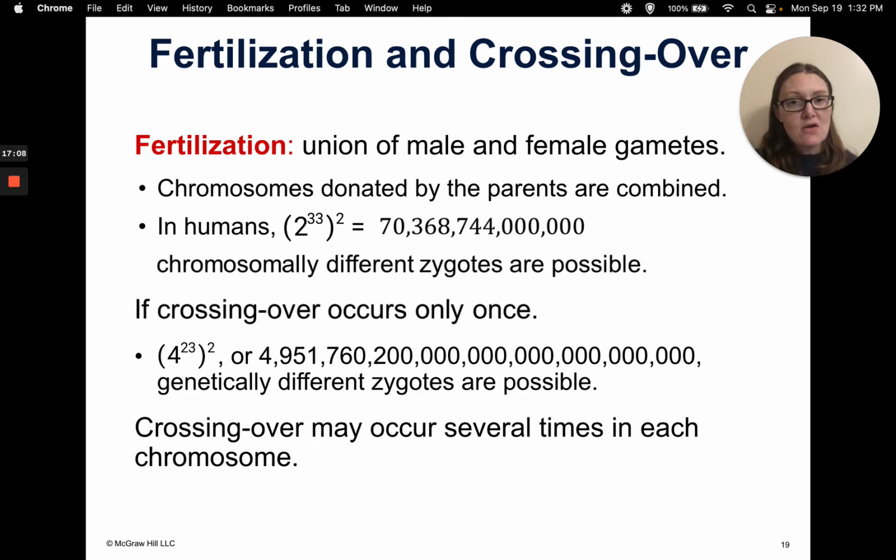And crossing over can happen amongst any of the 46 chromosomes, although typically it's going to happen on the chromosomes that are a little bit larger or longer because it's easier for crossing over to break off a piece and switch it. Crossing over may occur several times in each chromosome. If the chromosome is long enough, maybe there are several places that it can cross over.